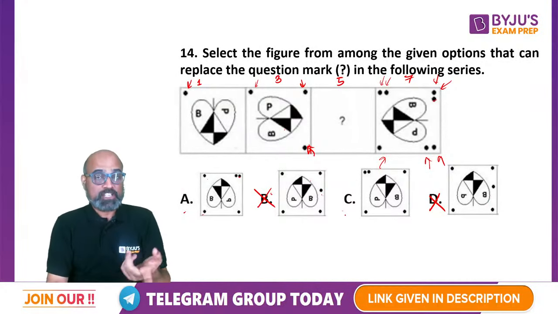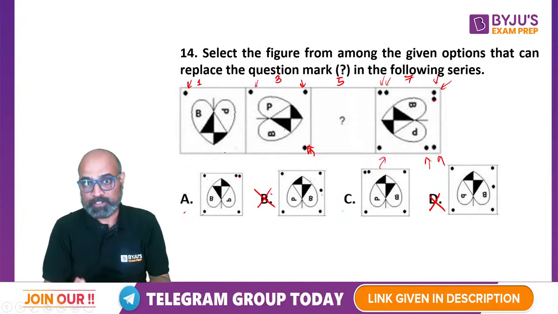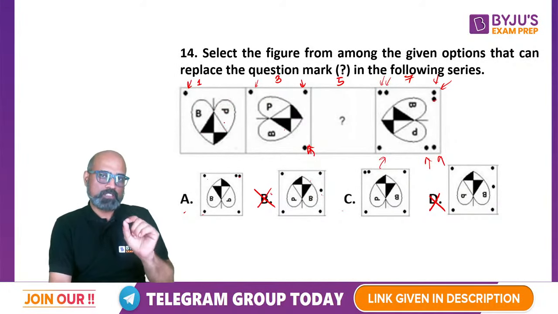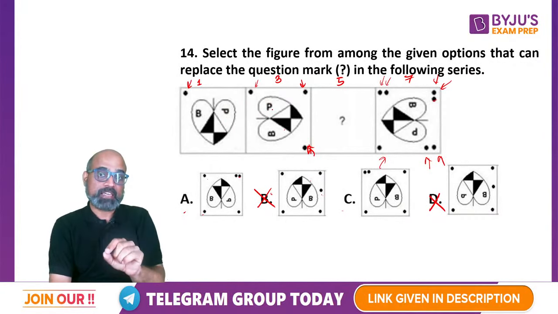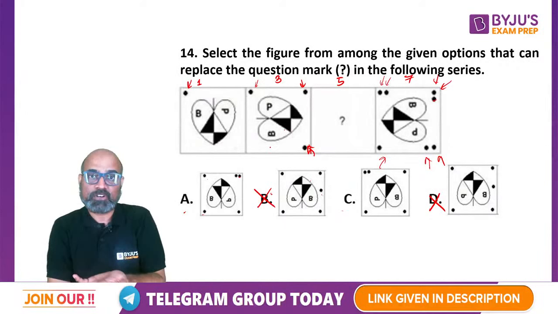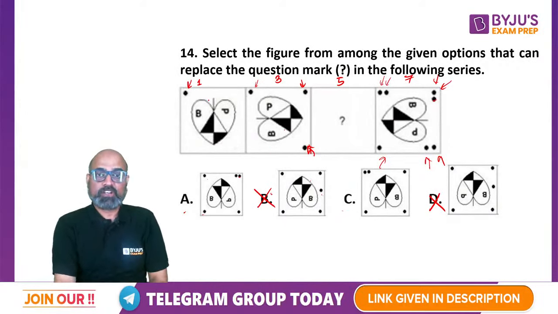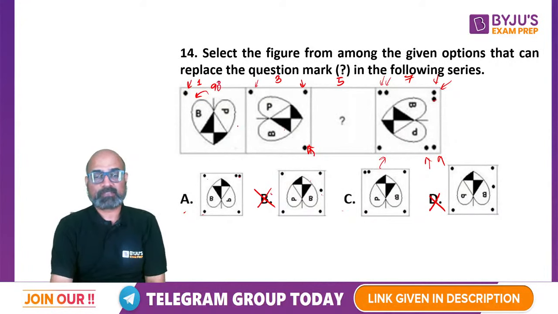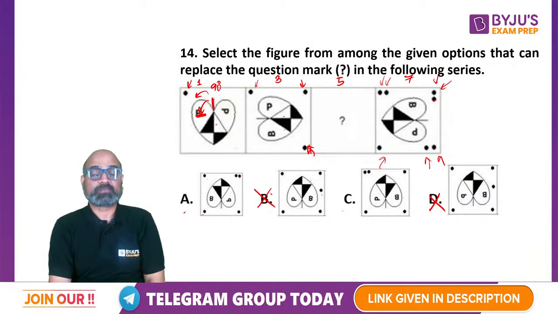Now between A and C, let's look at the leaf-shaped figure, right? In this leaf-shaped figure, you have a P and you have a B. What shall we do with this figure so that P is written like this and B lies on the ground? The only way is if I rotate it anti-clockwise by 90 degrees. If I rotate this and bring it over here, the figure will change to the next one.